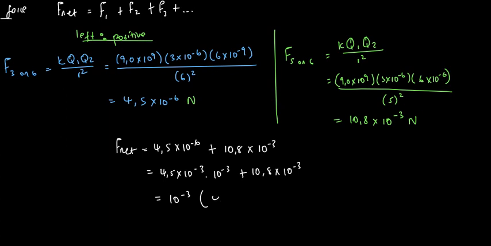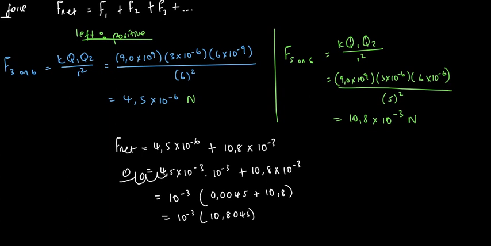4.5 negative 3 is 0.0045, plus 10.8, so that should be 10.8045.